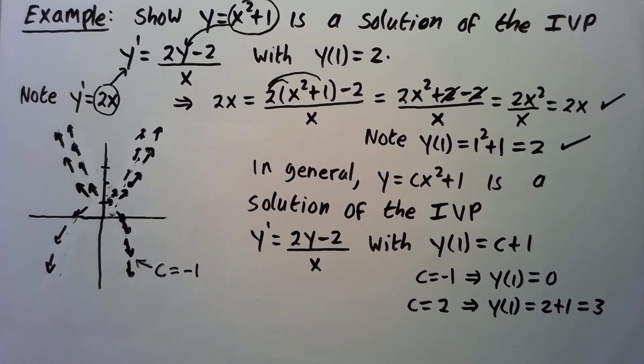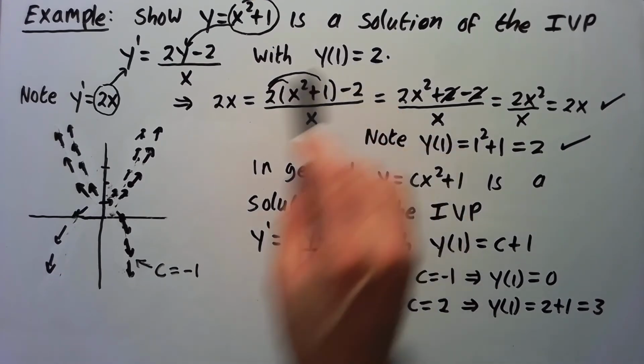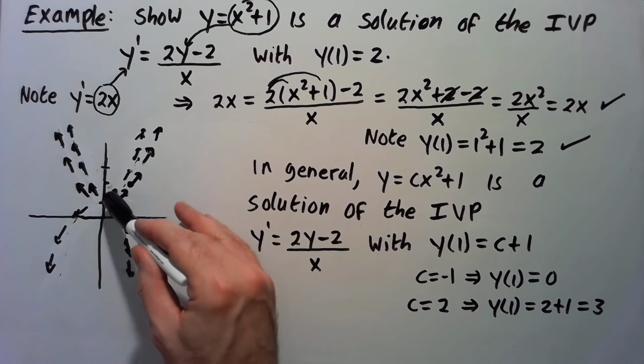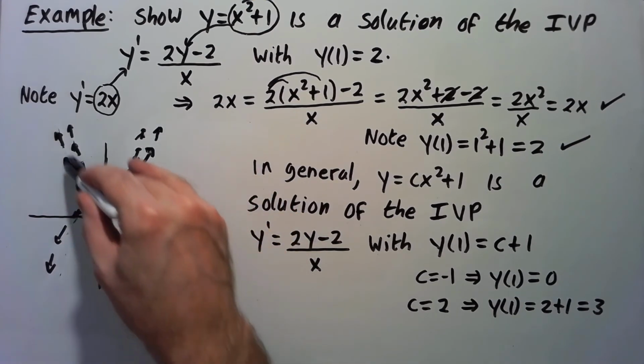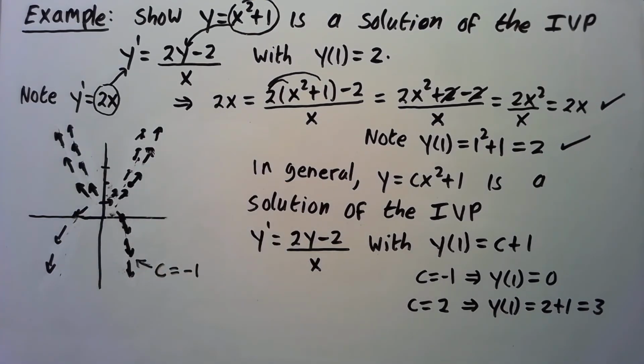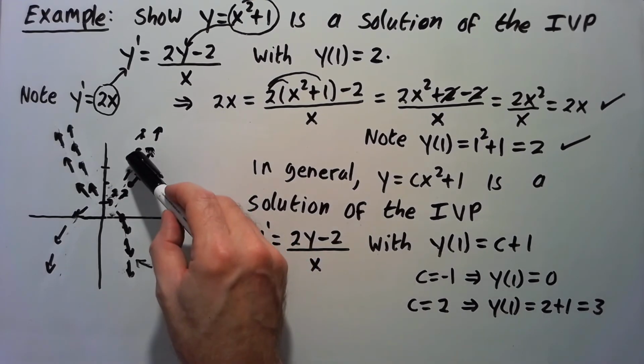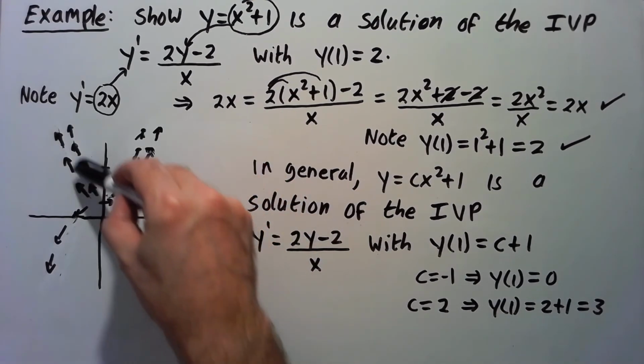So if you just knew the slope field, you could find the solution curve with the initial condition. So for example, when y(1) equals 2, that's going through here, so it'd be the one in there. And then when y(1) equals 3, it'd be up here, so it'd be going along this one.